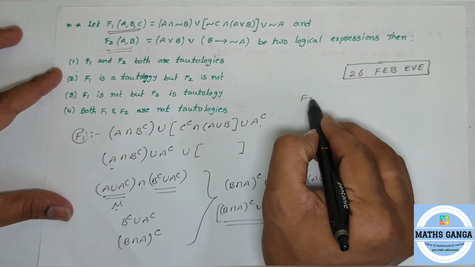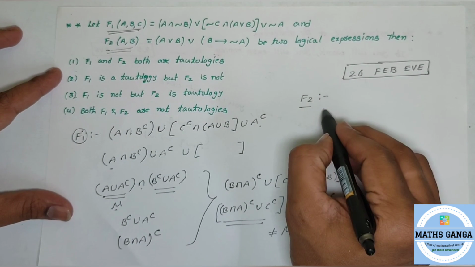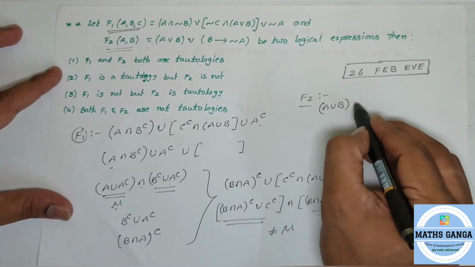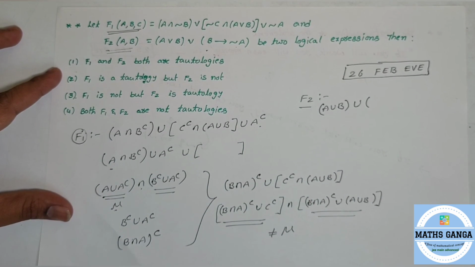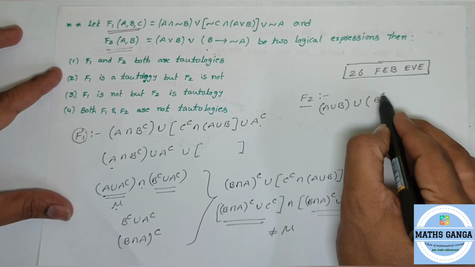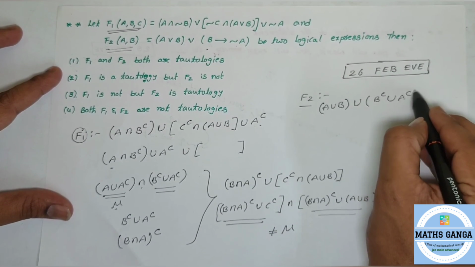Then what do you say about F2? Now think about F2 by converting it in terms of sets: A union B, union B implies negation of A. As we discussed for previous problems, this equals the negation of the first, B complement, union the second, which is A complement.